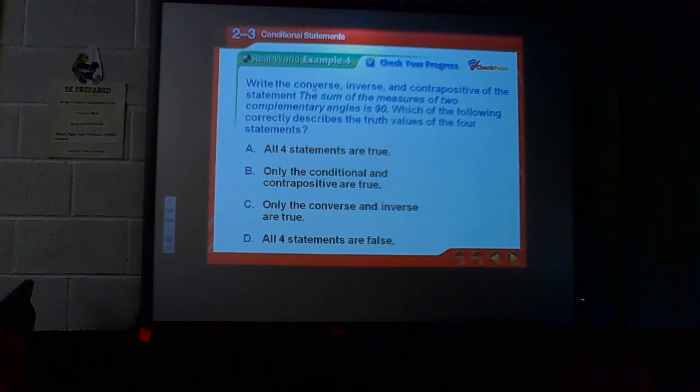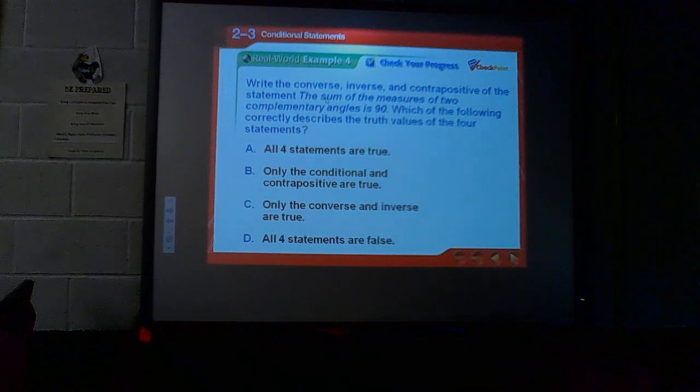Then we go to the converse, so we flip-flop the hypothesis and conclusion. If two angles have a measure of 90 degrees, then they are complementary angles. Again, that would be true. If I add two things up to 90 degrees, I can automatically call them complementary. My third one would be the inverse. Now I'm going back to my original order and making them negative.